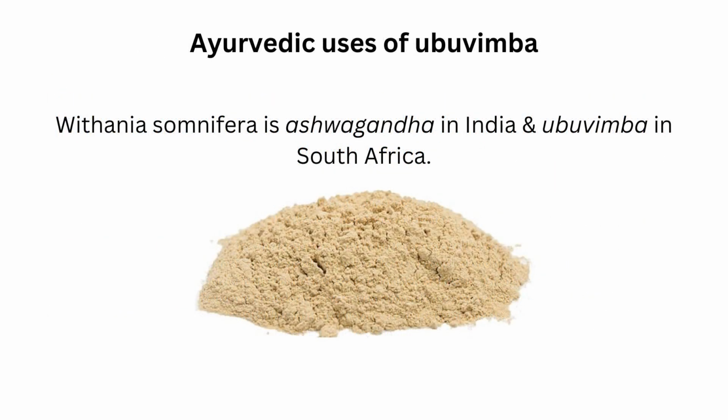I mentioned earlier that the name ashwagandha comes from the fact that the plant gives you ashwa power, or the power of a horse. The name Ubuvimba means to block or prevent. The plant gets the name from its original or traditional use, which was to block unwelcomed energies or spirits.